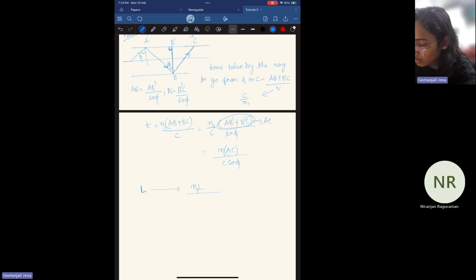So N1 L by C sine phi will be the total time taken by the ray to traverse L length of the fiber.